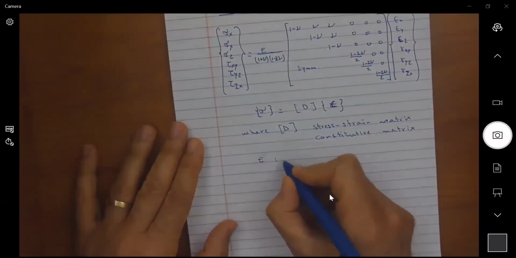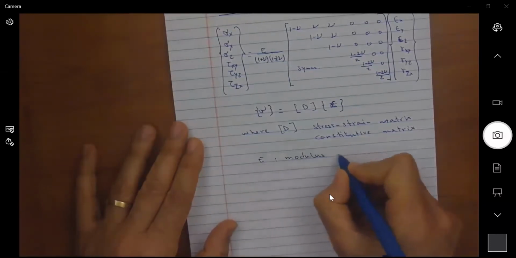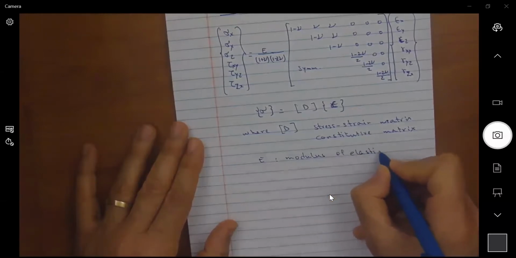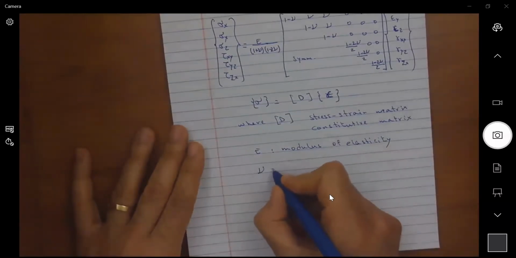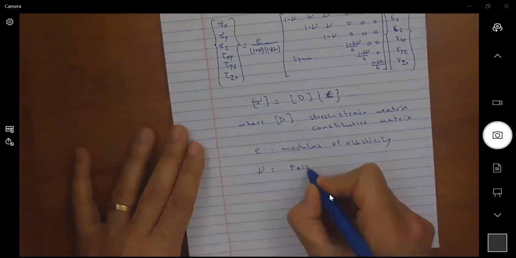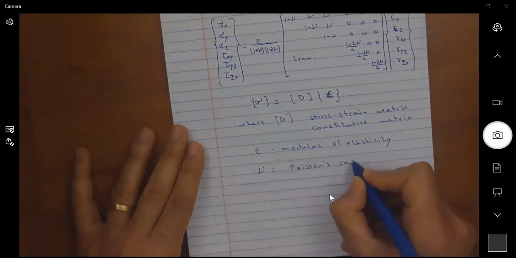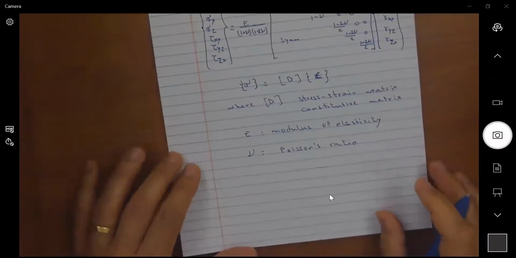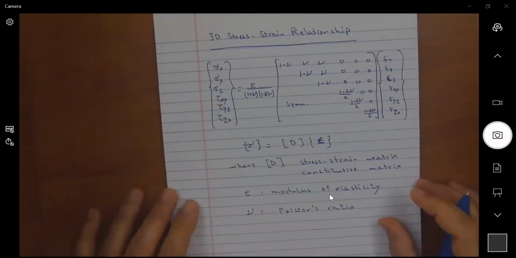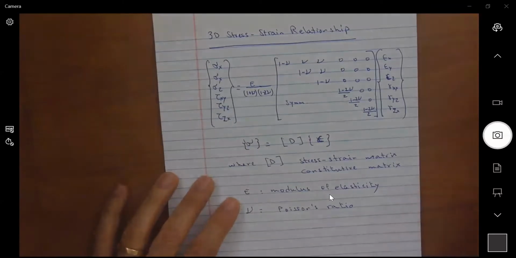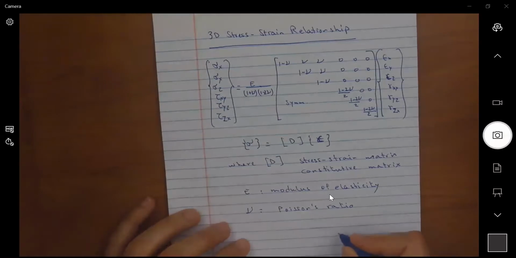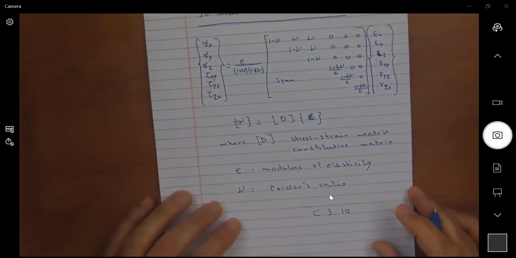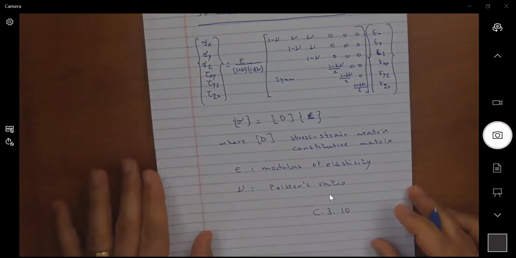E is the modulus of elasticity, and nu is Poisson's ratio. By the way, this is equation C310 in your textbook, so it's in Appendix C.